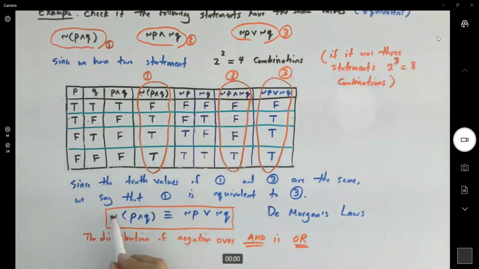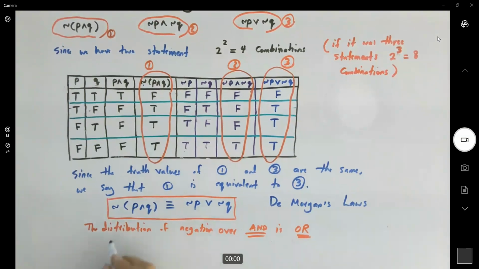So if you distribute negation over and, you're going to end up with or. If I distribute negation over or, it's going to be and. So it's a nice conclusion here for us that the negation of (P or Q) is equivalent to negation of P and negation of Q. This is the second De Morgan's law.